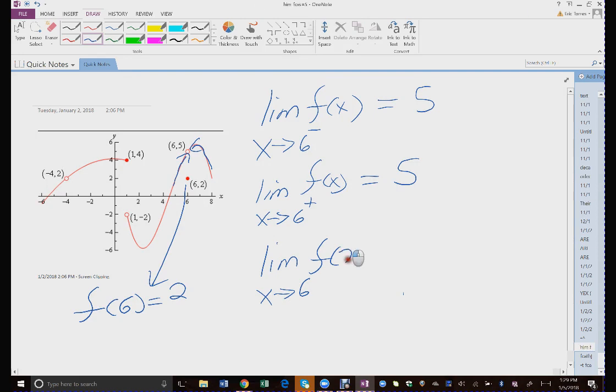Yes, f of 6 is 2, but my function is not approaching 2 from the left. It's not approaching 2 from the right. From both the left and the right, the function is approaching 5. This is an important concept. We're not talking about where is the function when x is 6. We're talking about f of x here. Little mistake in my notation.